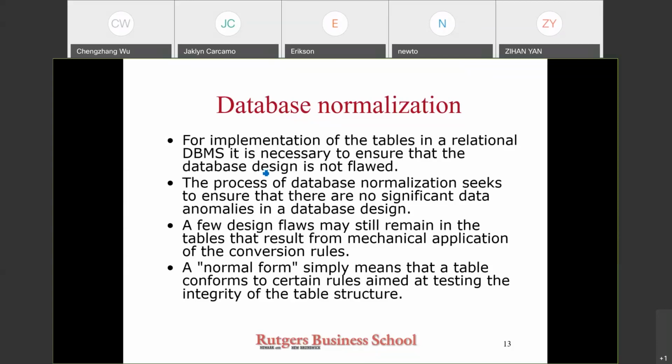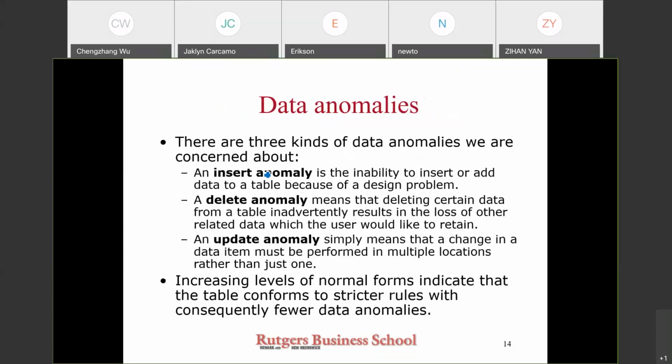So, simply speaking, a normal form means a table conforms to certain rules aimed at testing the integrity of the table structure. Okay.